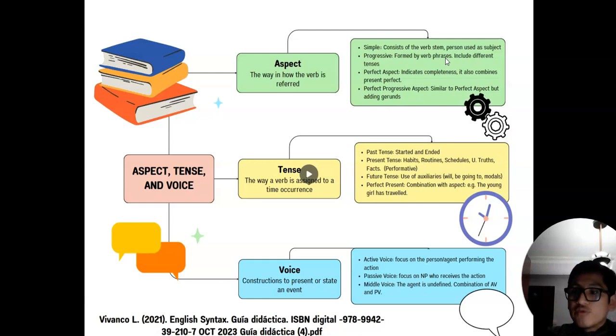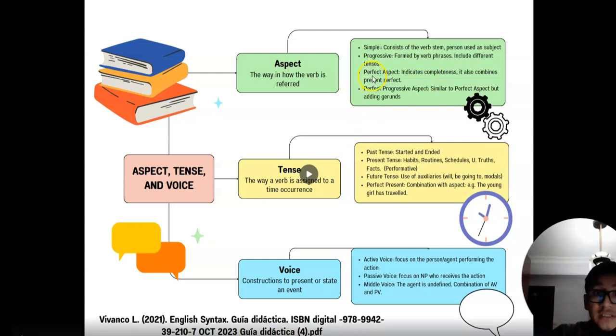The structure will be the verb be plus the verb with ing, so it will be a gerund. To put an example, Fernando is playing basketball.